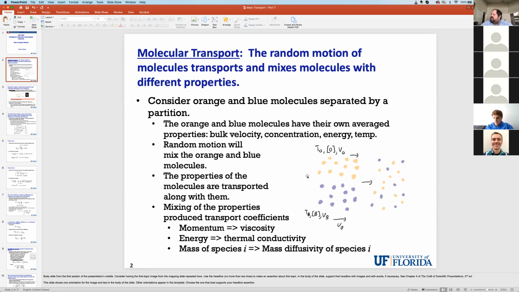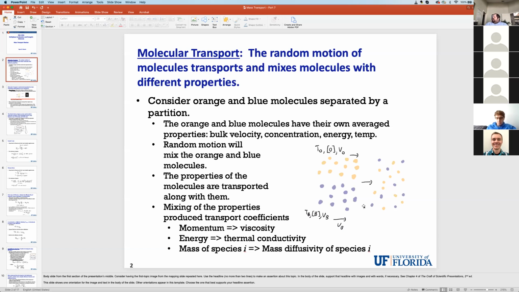These orange and blue molecules have different properties. Aside from their color, they could have different temperatures. You could define a concentration of orange molecules and a concentration of blue molecules. There could be a net tangential bulk velocity of the orange molecules that is different than the tangential velocity of the blue molecules.